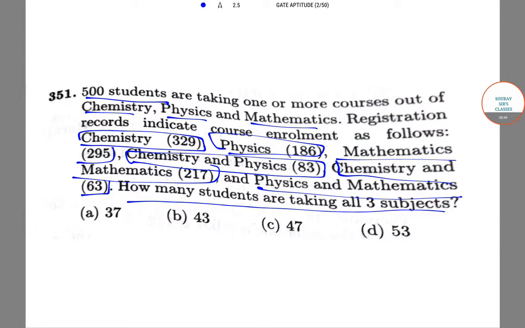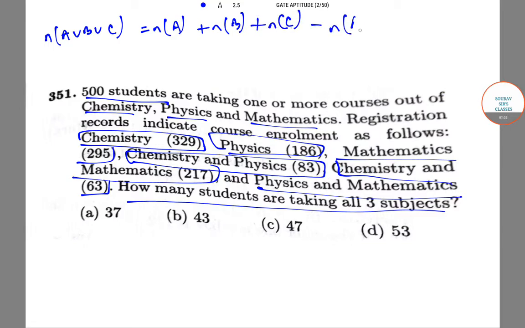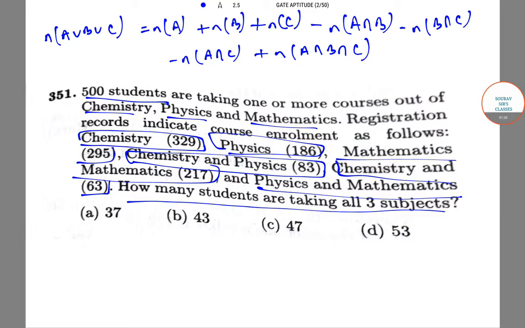So, we all would be accustomed with this formula that N(A union B union C) is equal to N(A) plus N(B) plus N(C) minus N(A intersection B) minus N(B intersection C) minus N(A intersection C) plus N(A intersection B intersection C).